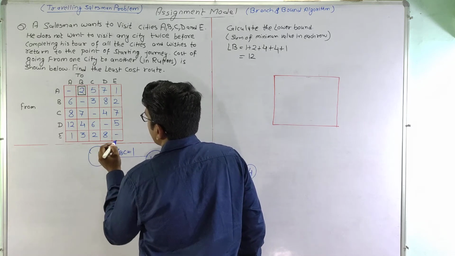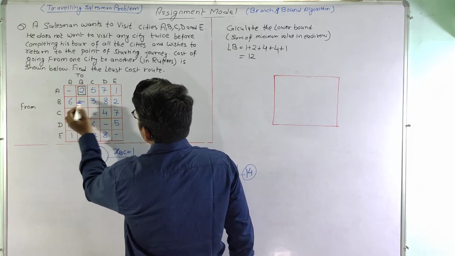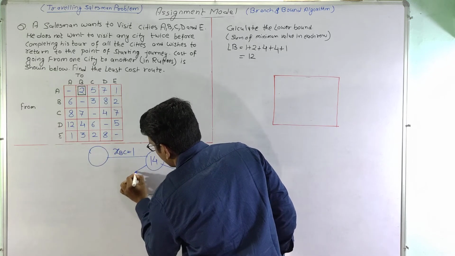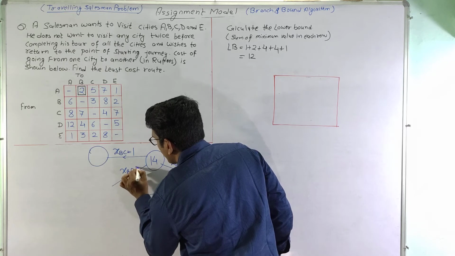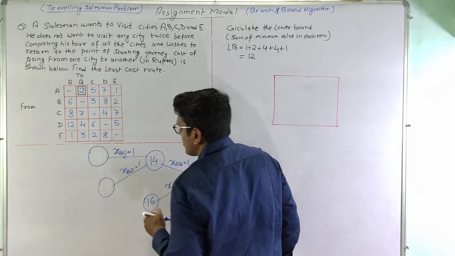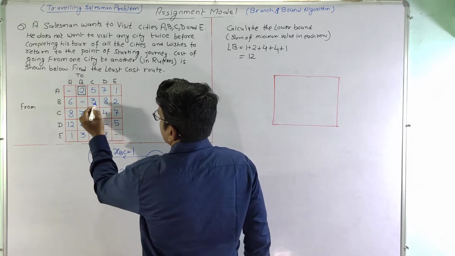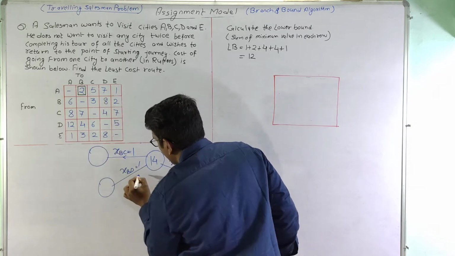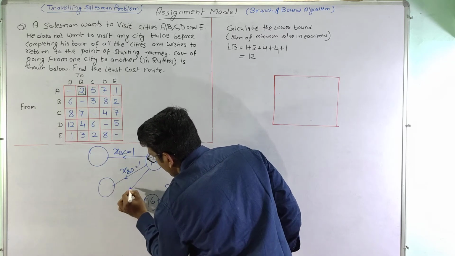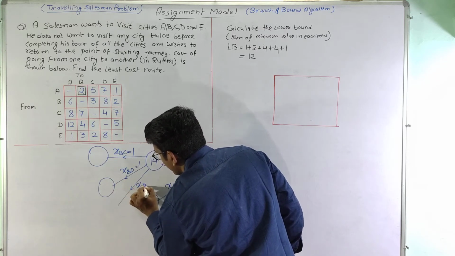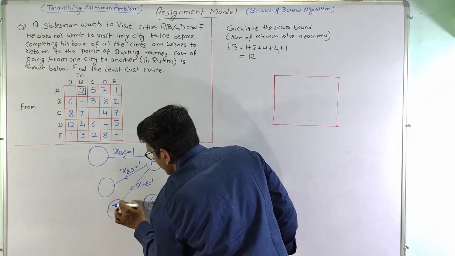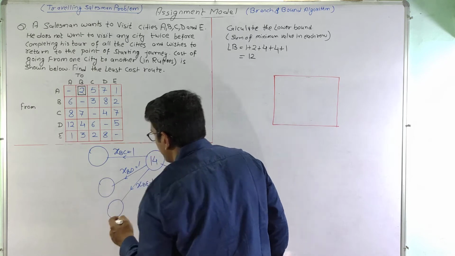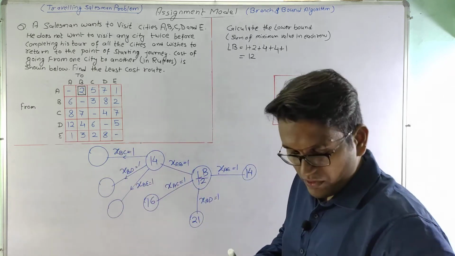This is one condition. Similarly, it may go to BD, so X BD equal to 1, then it will have a certain lower bound condition. And similarly BE, if it goes to X BE equal to 1, then it will have a certain lower bound condition, and we need to calculate this value.